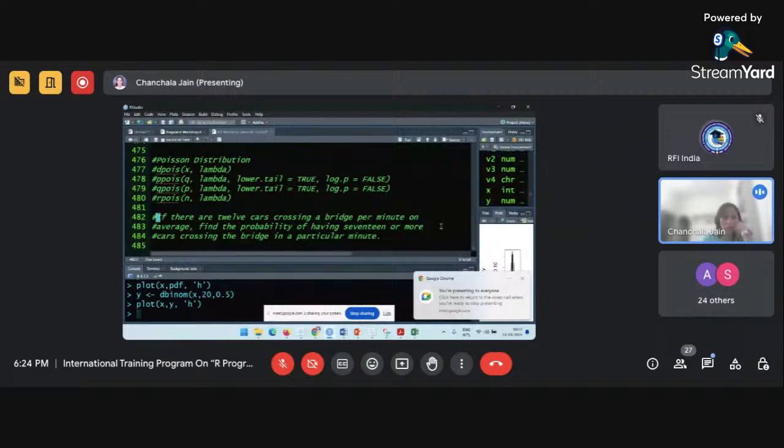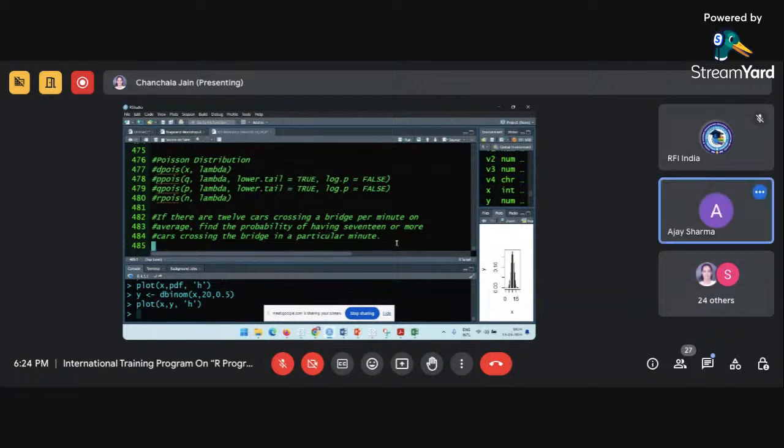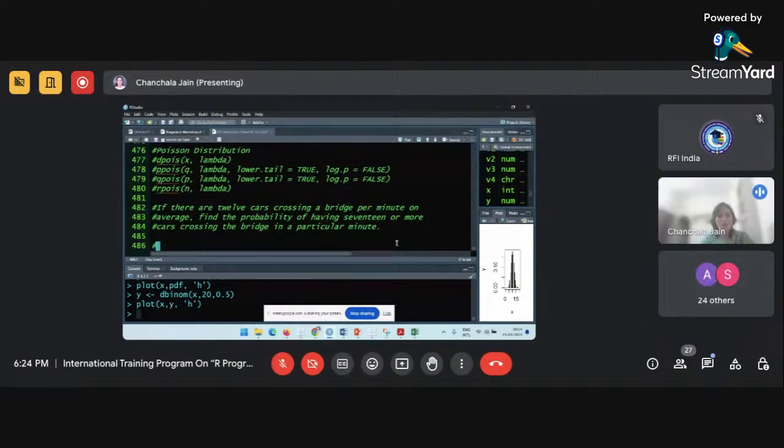If there are 12 cars crossing a bridge per minute on an average, find the probability of having 17 or more cars crossing the bridge in a particular minute. So, firstly, which function do we need to use?